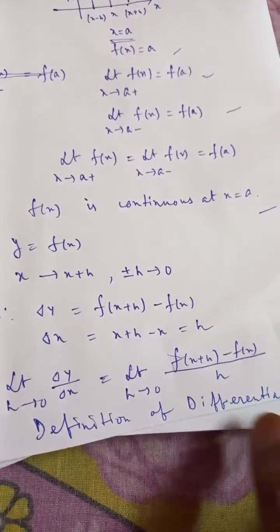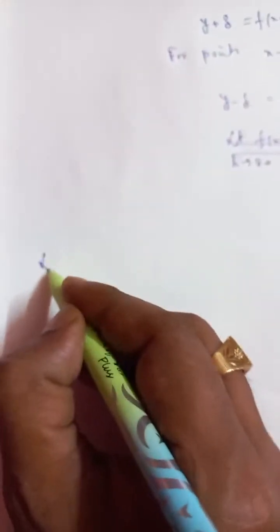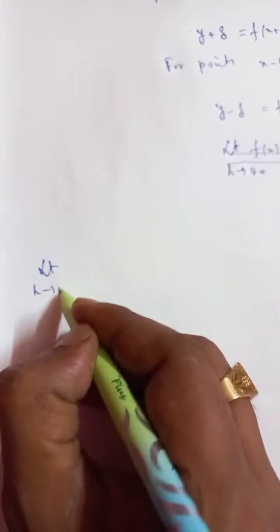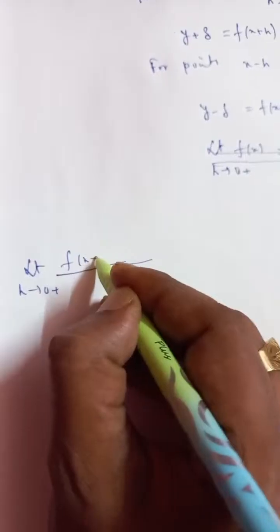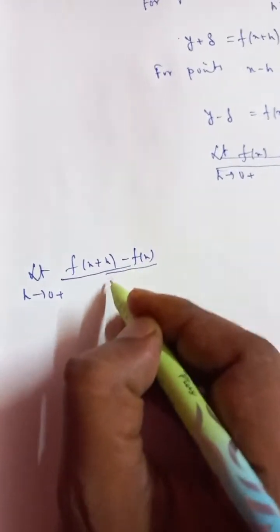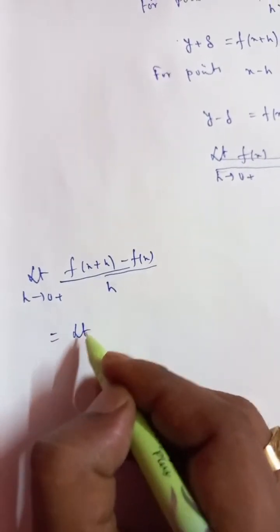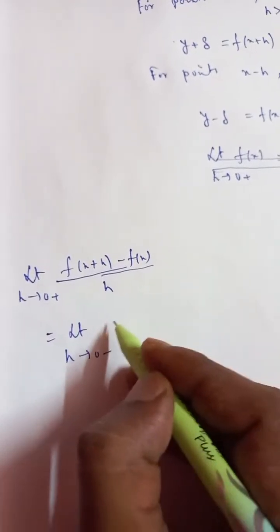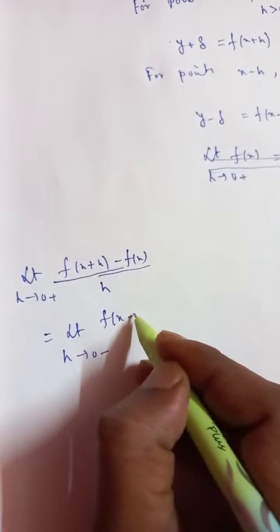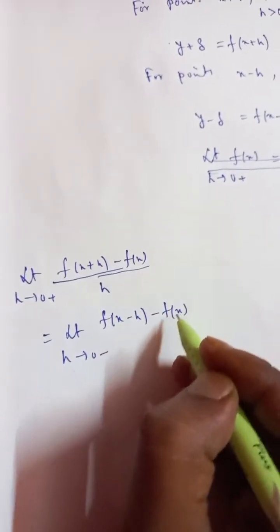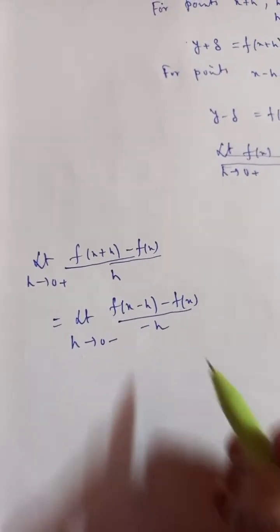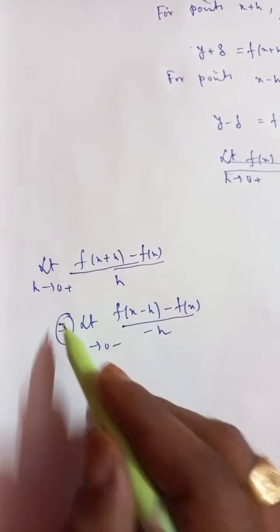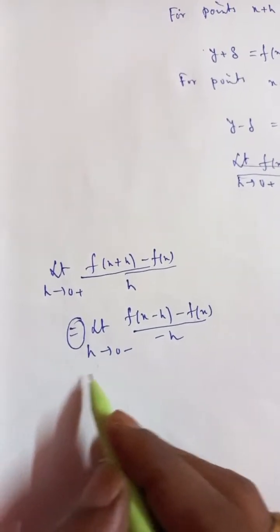So what is the condition of differentiability? If we have limit h tends to 0 plus of f(x plus h) minus f(x) by h is equal to limit h tends to 0 minus of f(x minus h) minus f(x) by minus h, if this equality holds, then we call that the differentiation is continuous.